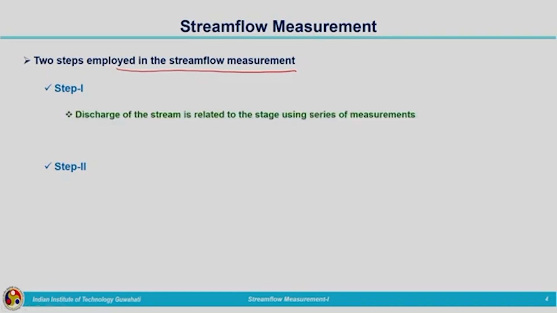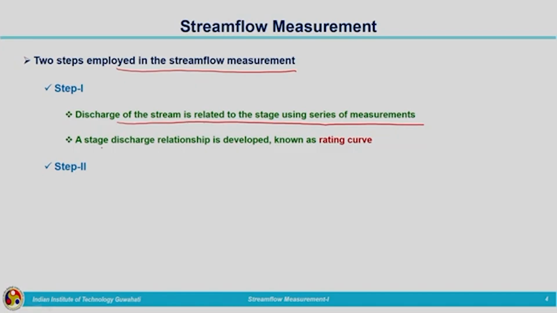In step 1, discharge of the stream is related to the stage using a series of measurements. We will be measuring the stage at a particular gauging station, and the corresponding velocity at that gauging station is measured. Based on the stage, the width of the river and the velocity measured, we can calculate the discharge at that particular gauging station.